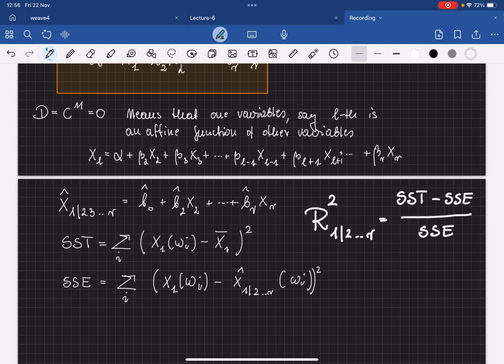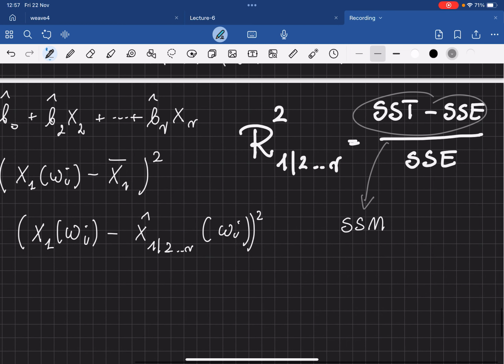As usual, there are some relations between different sums of squares. So what we got here is sometimes denoted by SSM. This is the sum of squares of the model, and it is given by the following formula.